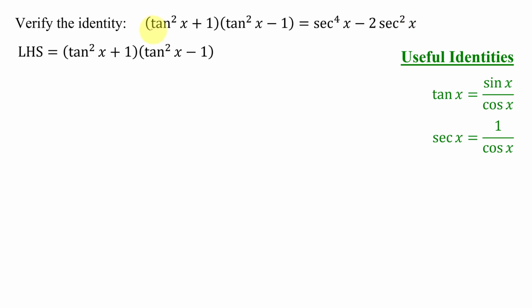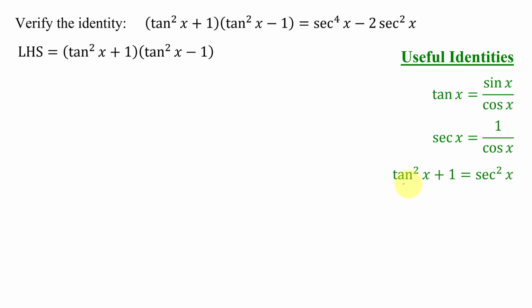Hopefully, when you see an identity that has tangent squared x and secant squared x, you immediately think of the Pythagorean identity that joins those two. And what is that? It's tangent squared x plus 1 equals secant squared x.